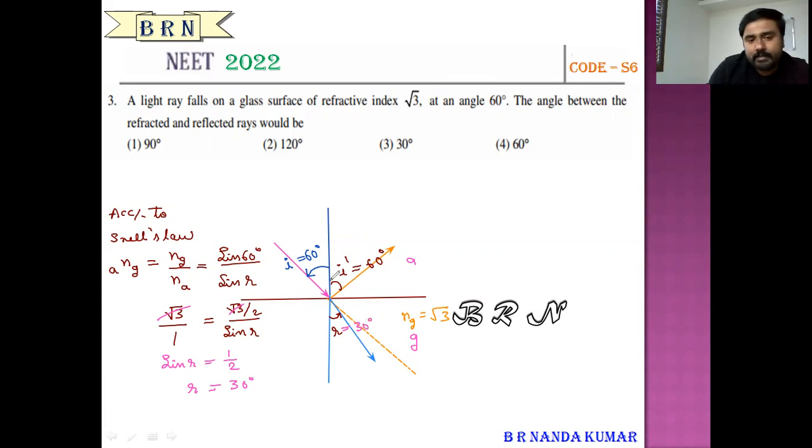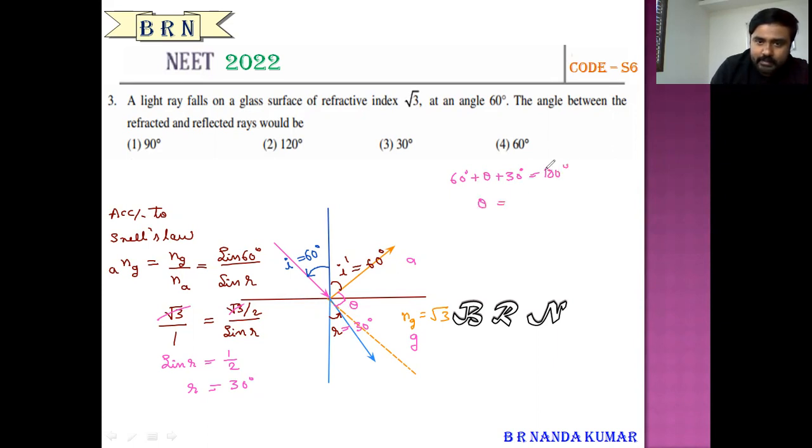Okay, ನೋಡಿ, angle of reflection 60 ಇದೆ, angle of refraction 30 ಇದೆ. Actually ಇದು angle between direction of reflected ray and direction of refracted ray. Okay, theta plus 60 plus 30 ಮಾಡಿದ್ರೆ ನಮಗೆ 180 degree ಬರುತ್ತೆ. 60 degree plus theta plus 30 degree is equal to 180 degree.